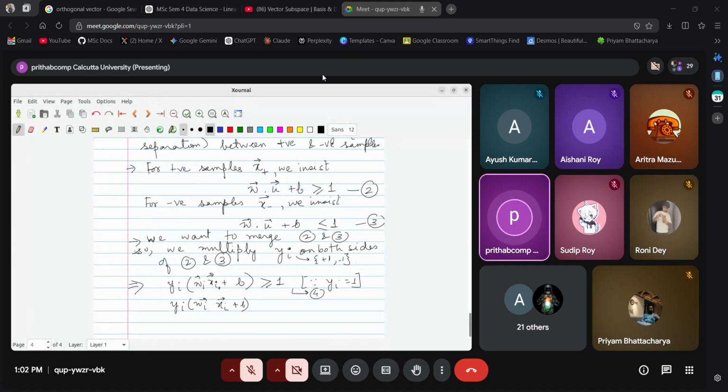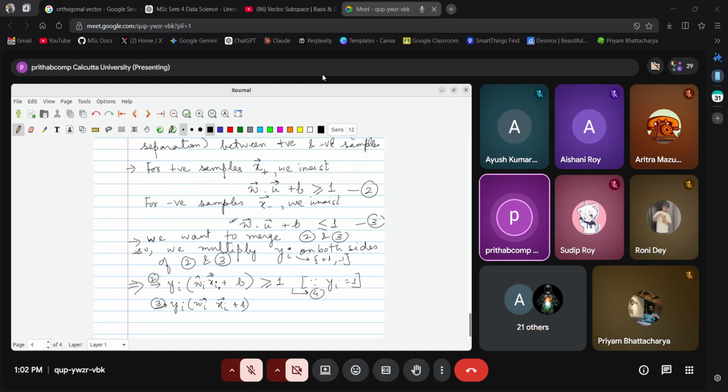When you multiply this term, equation 3, with -1, because the yi value is -1, this corresponds to 2 and this corresponds to 3.